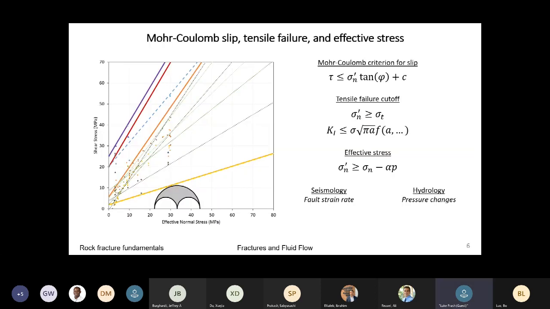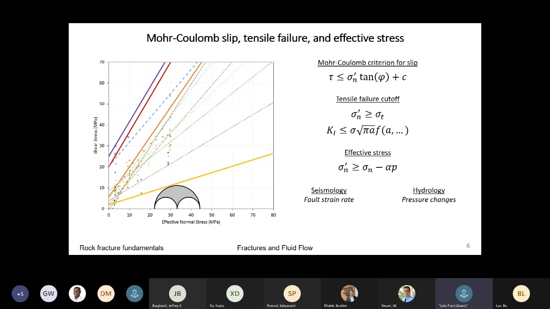So this is very basic, but I need to include this just in case anybody hasn't been thinking about this recently. In our experiments, triaxial, direct shear, or the conventional, more common experiments of uniaxial compression or triaxial compression, you can get your Mohr-Coulomb failure criteria.